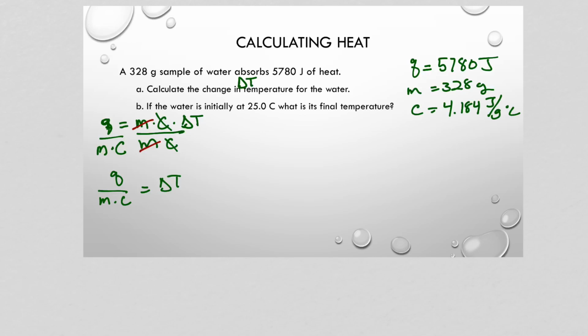And so we have our values. We can put them in here. And so we have 5,780 joules divided by 328 grams.